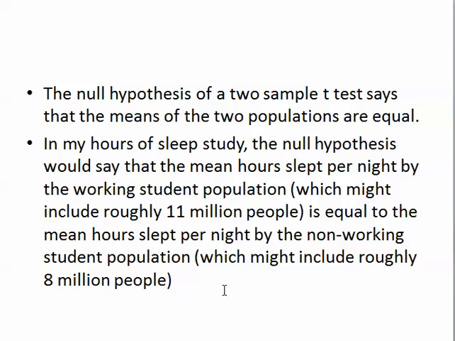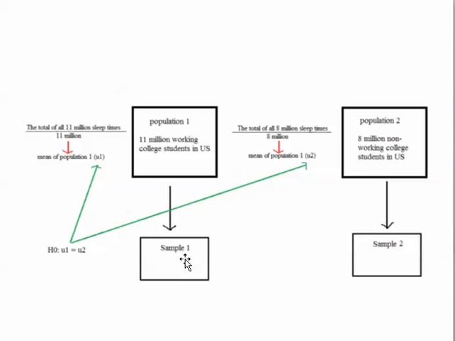And let's think about what it means for the means of two populations to be equal. Here we have population 1, which is the working college student population, and here we have population 2, which is the non-working college student population. I looked up how many college students are in the US, and I think it told me that there's roughly 19 million college students in the US.